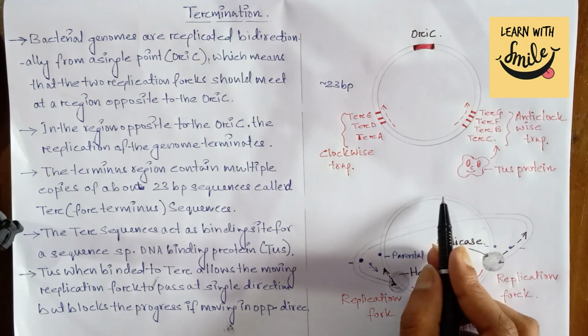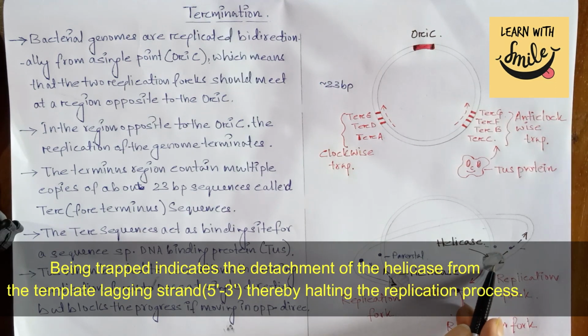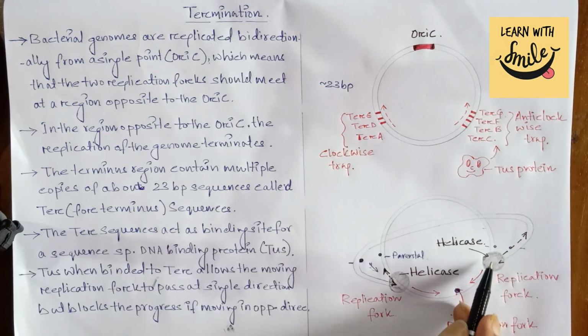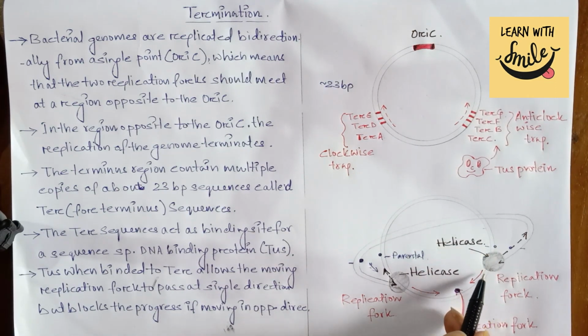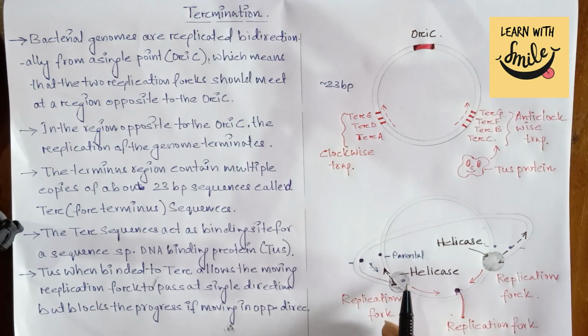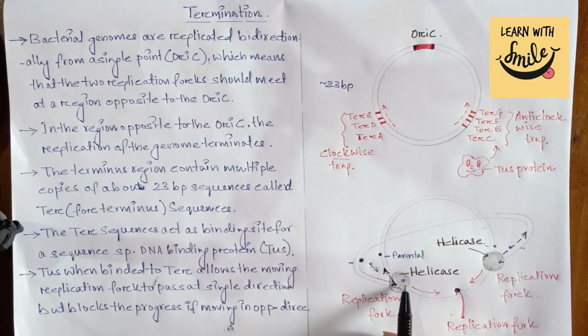Similarly, the fork which is moving in this direction, that is in the clockwise direction, would easily be able to pass through this trap, because this trap is not for a clockwise moving fork, it is only for the anti-clockwise moving fork. So the fork which is moving in this direction can easily cross this trap, but it will be unable to cross this particular trap, as this trap is a clockwise trap, and it will not allow the movement of any replication fork which is moving in a clockwise fashion.